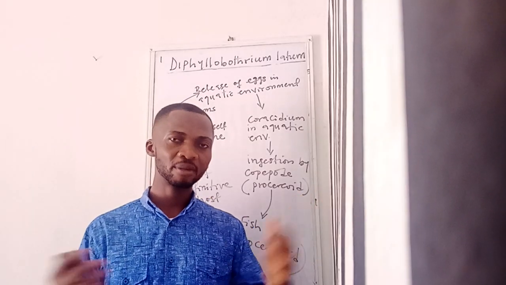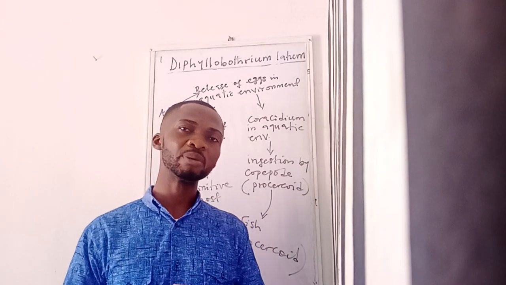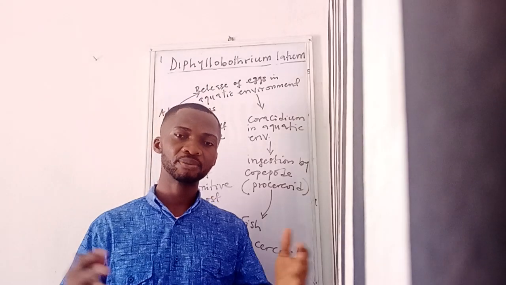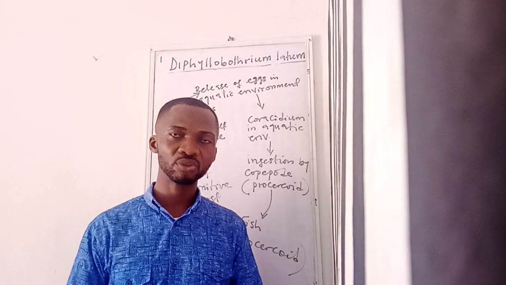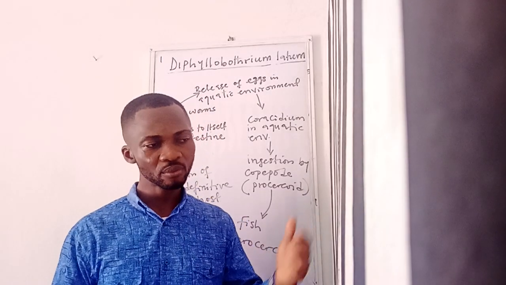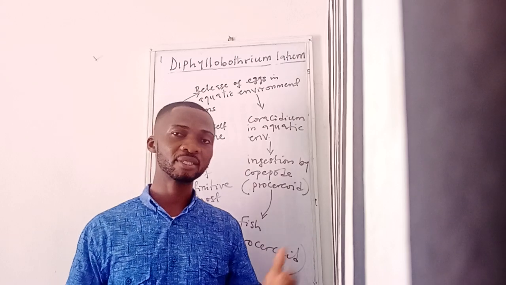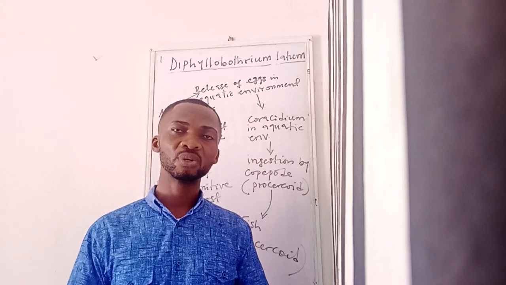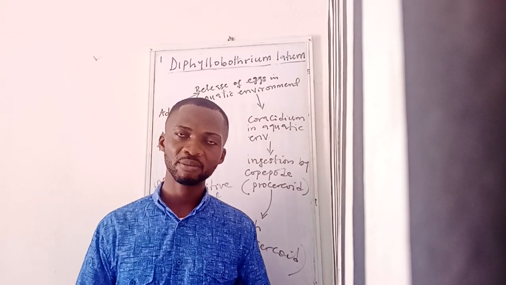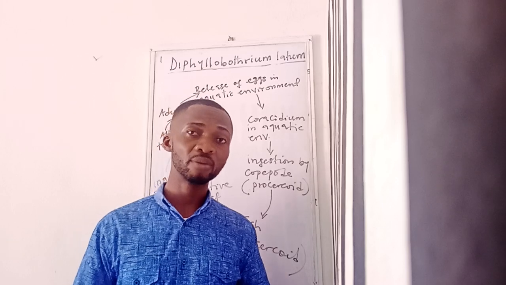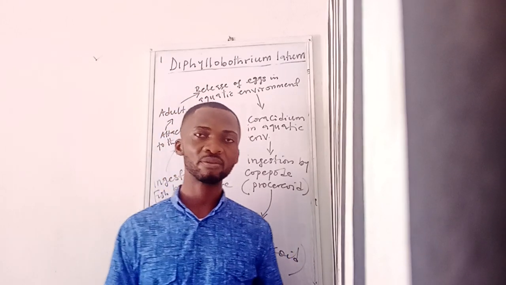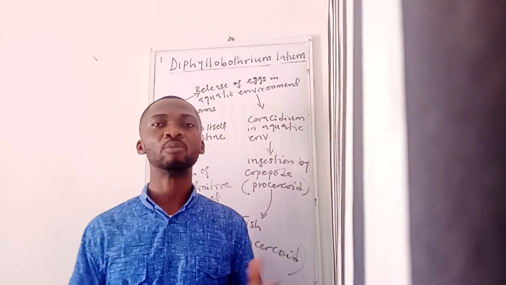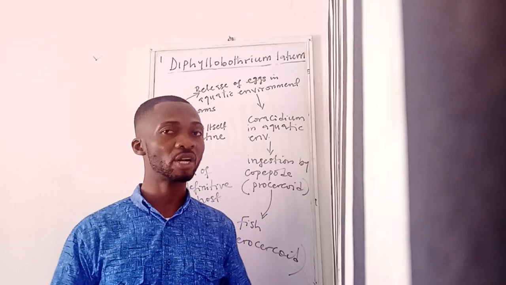Then, Diphyllobothrium has also been implicated in competing with the host for nutritional requirements. So, in the end, it can result in vitamin B12 deficiency. That is because they compete with the host for their nutritional requirements.